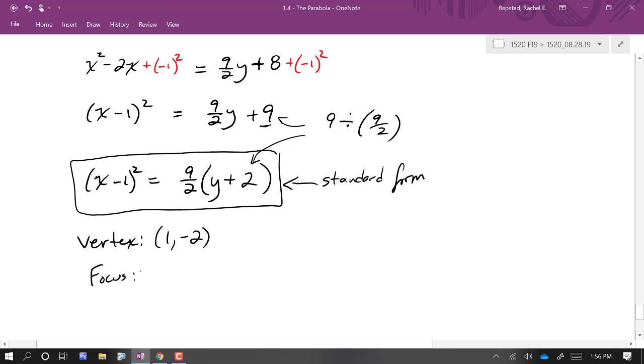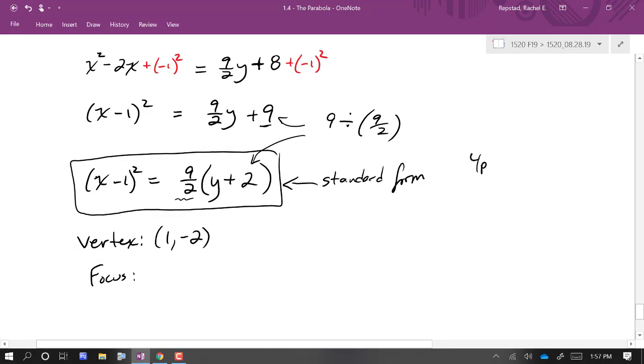Here it's important to think about which way it's oriented. So which way does this go? It's going up. Yep, so it's vertically oriented because it's x squared. It's going up because 4p is positive, which means p is positive.